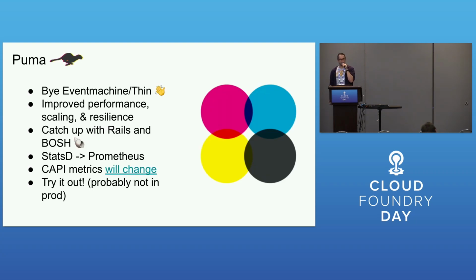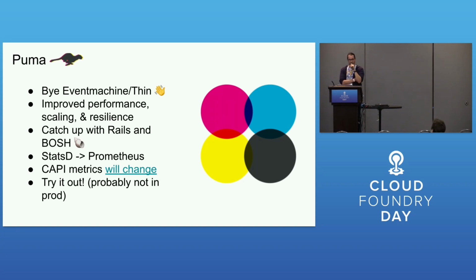For those of you who aren't familiar, Puma at this point is the authoritative Ruby web server. I mentioned this, but BOSH moved to Puma several years ago and saw big improvements there, and it's become the default Rails web server.